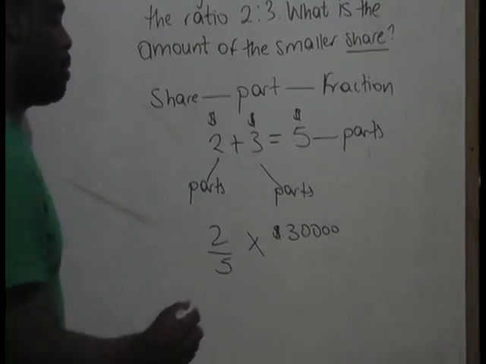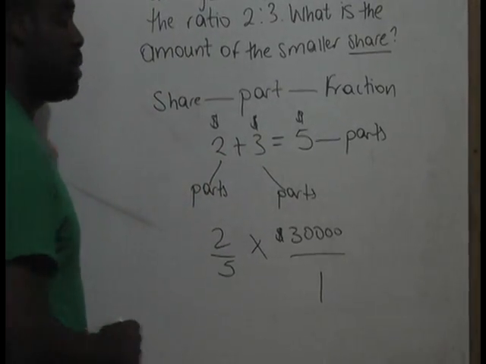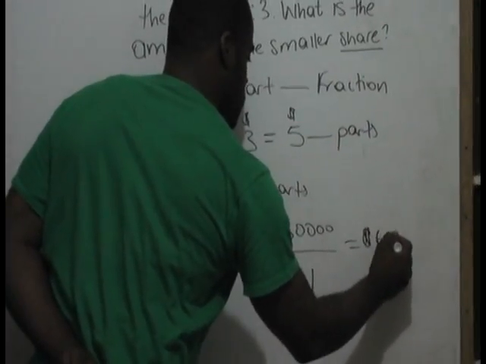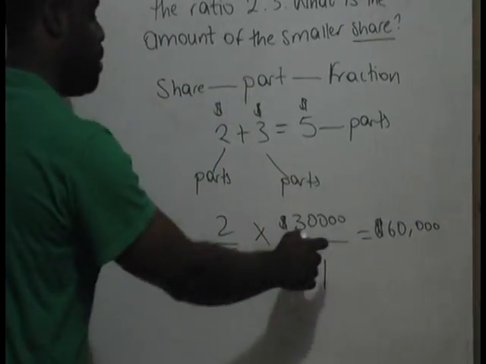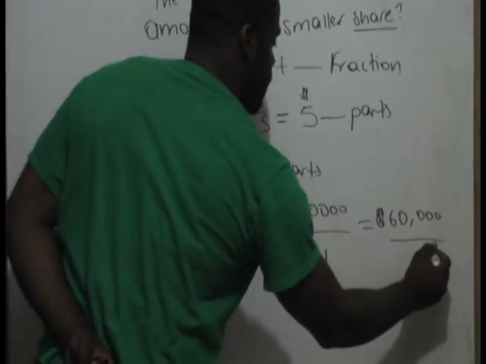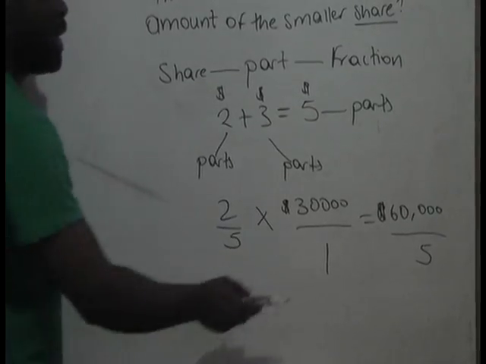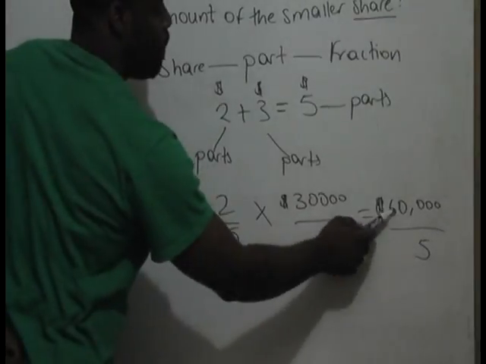So you multiply straight across, 2 times 30,000, which is equal to $60,000, and 5 times 1 is 5. Then you want to now divide. You want to divide this $60,000 by 5.